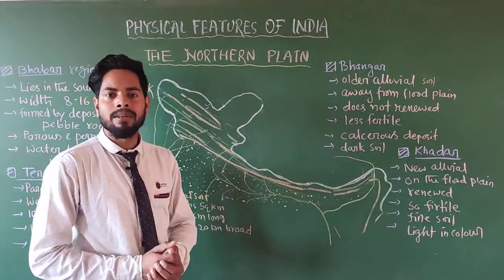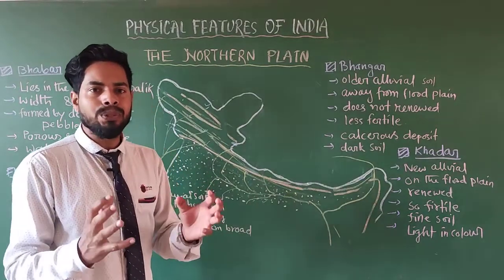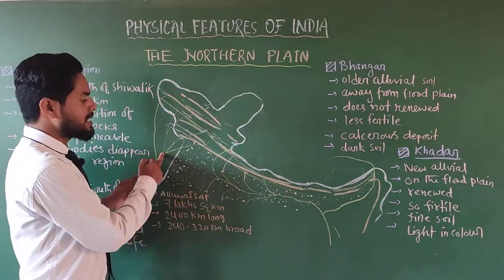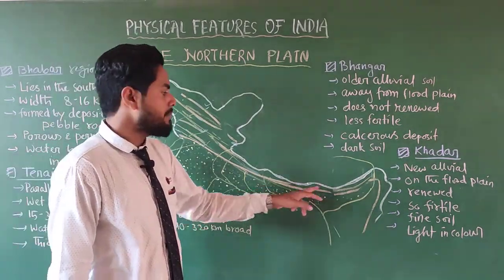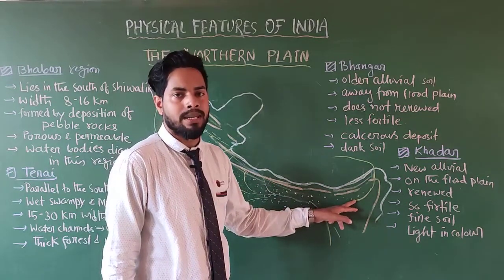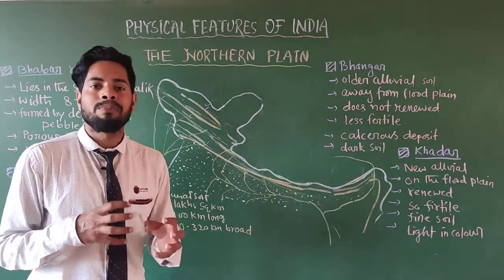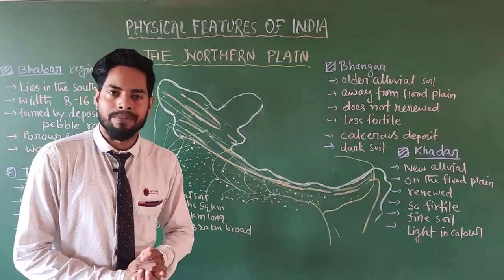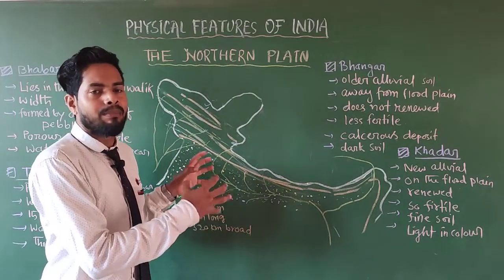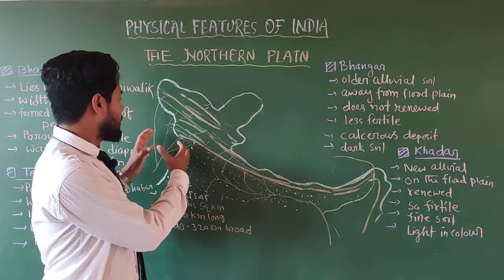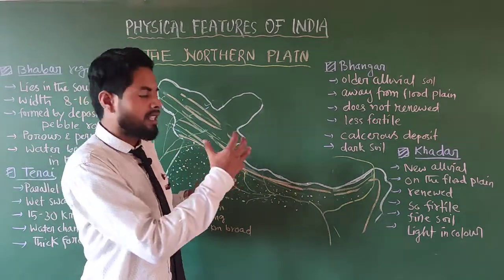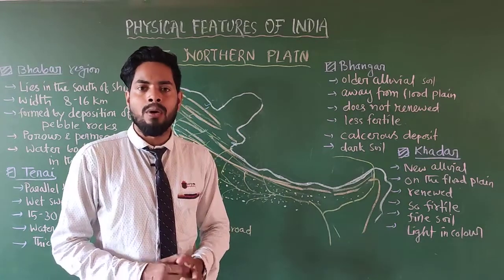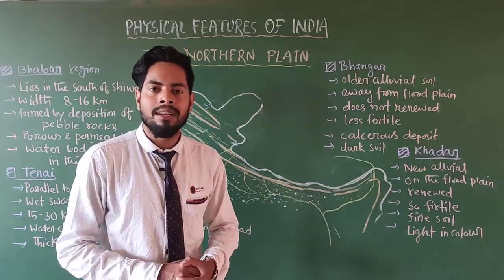And how was it formed? It formed due to the interplay of three major river systems: the Indus river system, the Ganga river system, and the Brahmaputra river system. The Indus and its tributaries, the Ganga and its tributaries, and the Brahmaputra and its tributaries all originate from the Himalayan mountain.